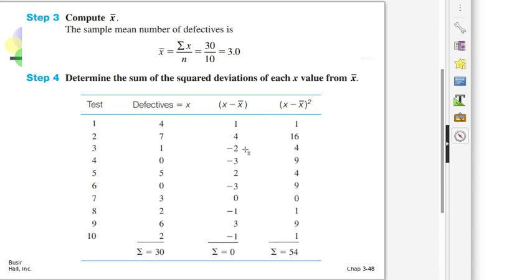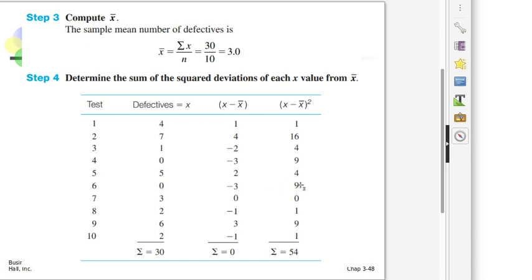Now, we have here the sum of squares. You just square these numbers. 1 multiplied by itself is still 1. But 4 multiplied by itself is 16. Negative 2 multiplied by itself is positive 4. Negative 3 multiplied by itself is 9. 2 multiplied by itself is 4.